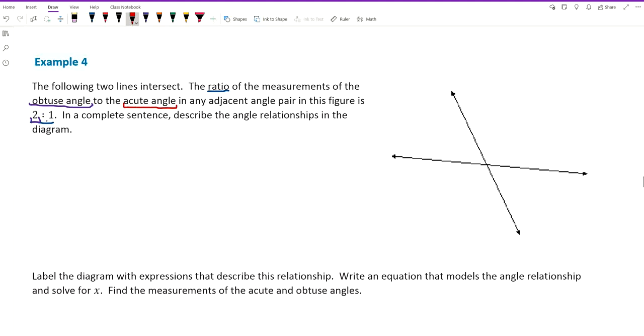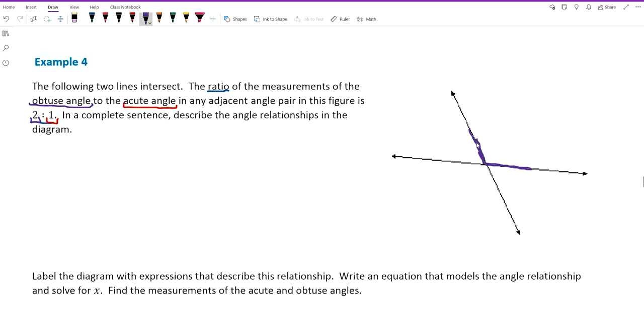And we remember what obtuse and acute is from the types of angles chart we filled out at the beginning of this lesson. So let's actually look at the angles in here. So the obtuse angle, remember, obtuse means any angle greater than 90 degrees. So the obtuse angles in this one are going to be, let's say, this purple one right there.